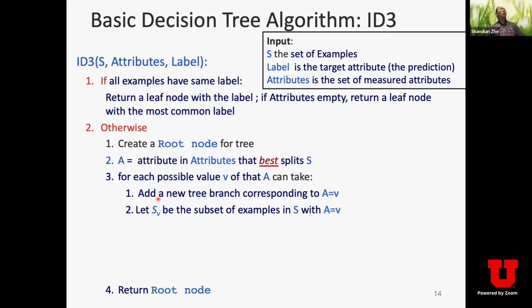This is basically a formal description of using A to split S. Each subset of examples will take a particular value of attribute A, and we denote this subset by S_V, because V indexes the attribute value V.